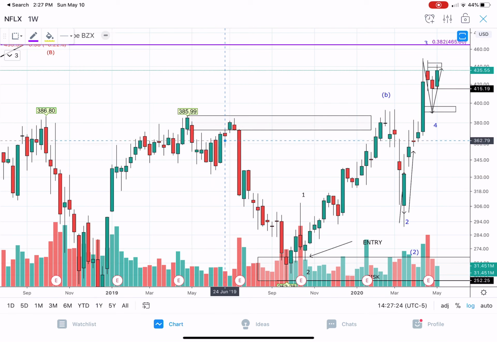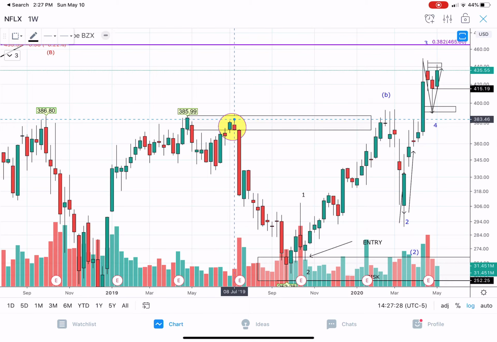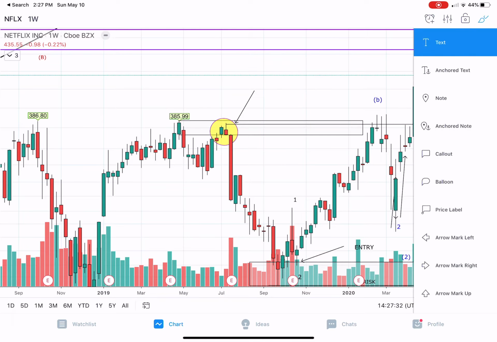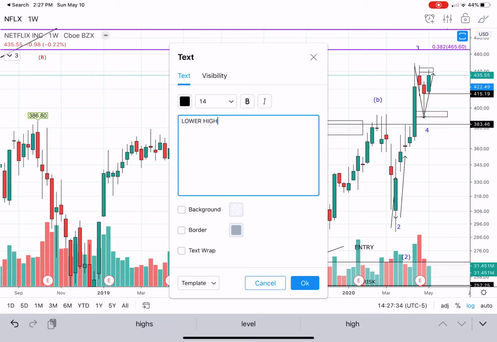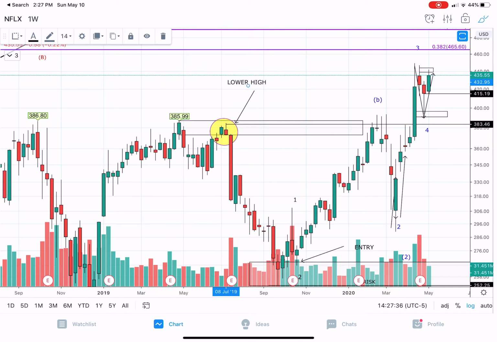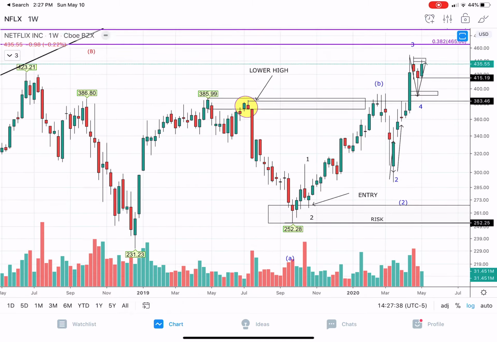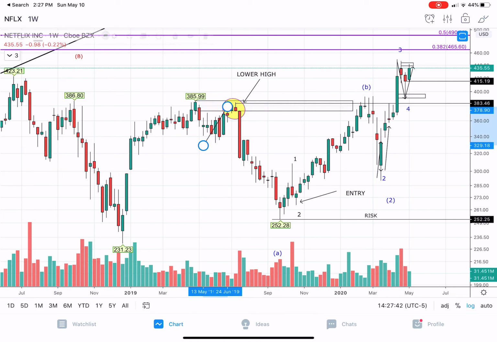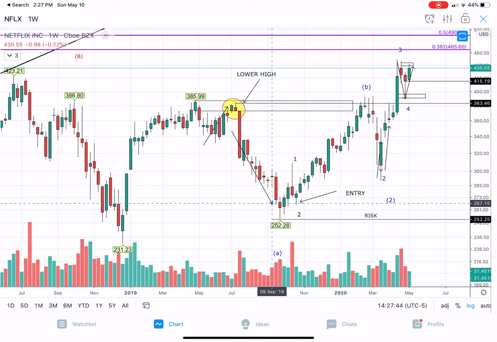It sold off, came back to pick up more buy orders in this level here, printing a lower high. And then we can see from there, it sold off. It sold off to demand here. Came up, picked up buy orders, sold off.